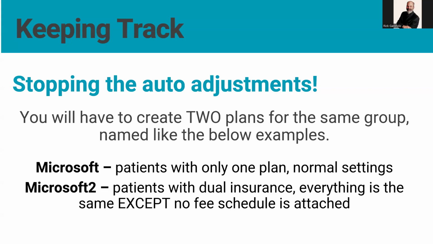That is the maximum you're going to get paid for that crown. You're in network with their plan. It's a covered benefit. The most you're going to get paid is $1,200. So I don't want to see the $1,500 on my end of day report because that could inflate my end of day by 10, 15, 20, 30, 40%, depending on how many patients you're seeing and what procedures you're doing.